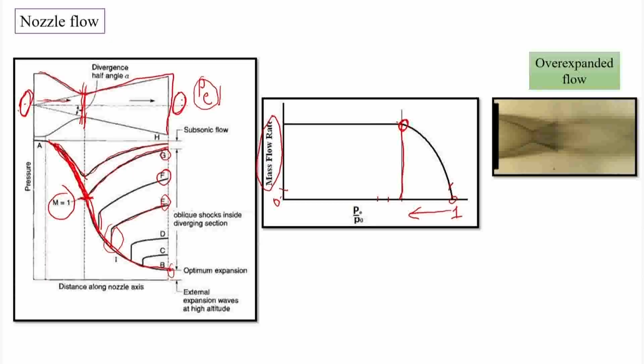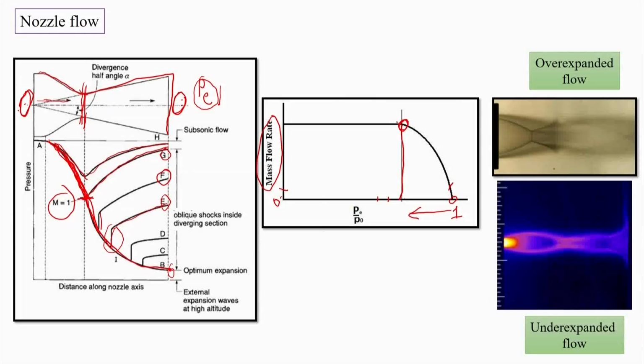So, if we have choked mass flow rate, then there are two types of conditions which are possible. One condition is called over expanded flow, another condition is called under expanded flow. In over expanded flow we have a shock in the nozzle.